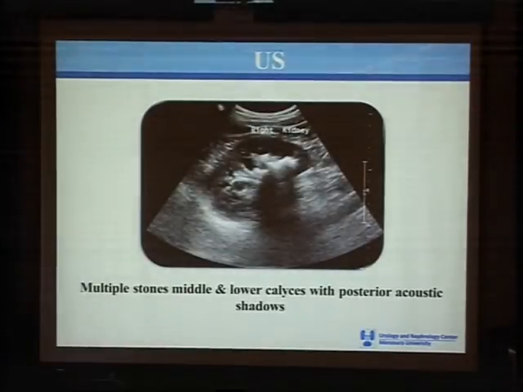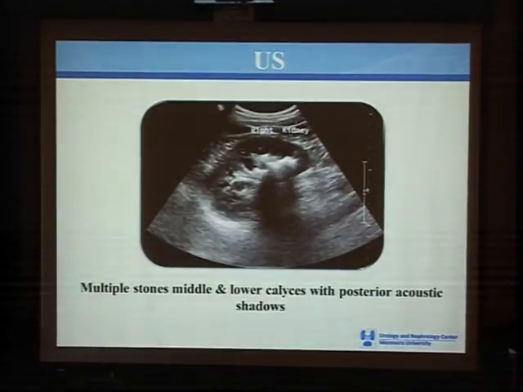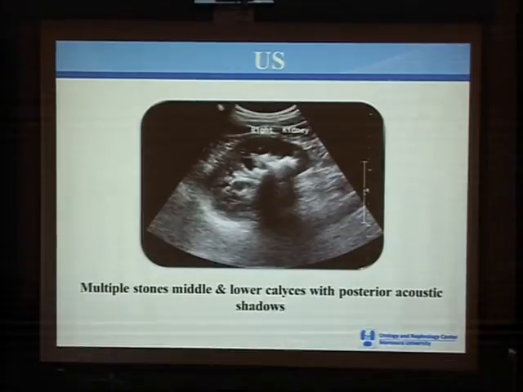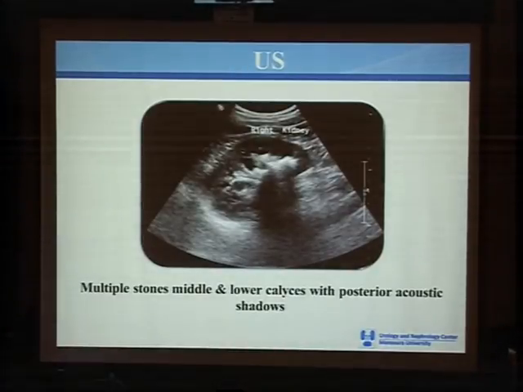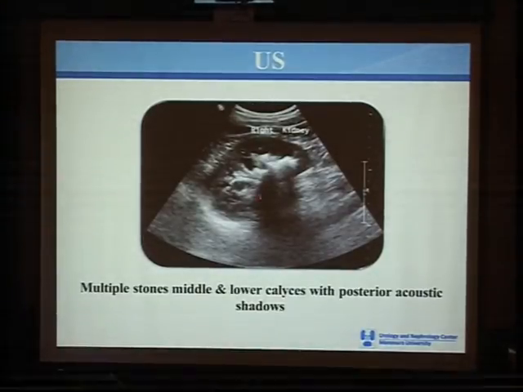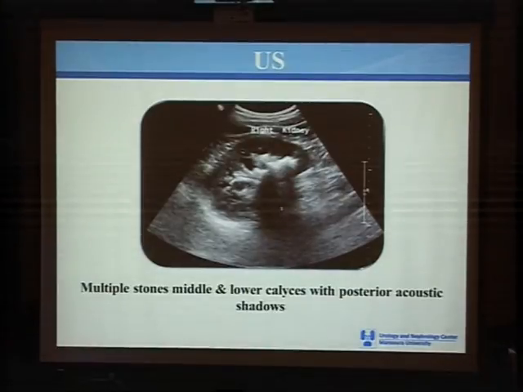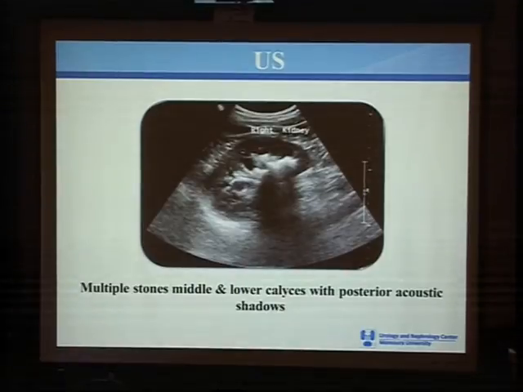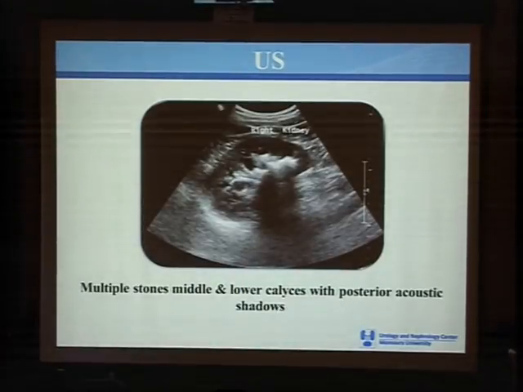This is an example of multiple stones in the middle and lower calyces, and we can observe that the stone appears white, and there is acoustic shadow. Acoustic shadow means a shadow which is black in color. This is due to reflection of the ultrasound waves.